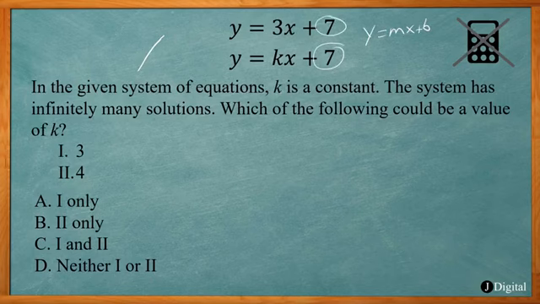So look at our slopes, we got 3x and kx, so the slope in the first one is 3. So this k needs to match that slope, so they'll be both the same line. So our only answer that's correct is the 3. And 4 would not work because I'll give you 2 different slopes. If we have 2 different slopes, then I have only one solution. So in this problem, our answer is A, 1 only.